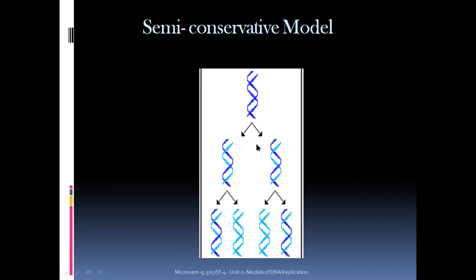Whenever replication takes place, from the one parental strand, two daughter strands will be formed, where one will have a completely new strand and another will be the old strand. But when further replication is done, one will be completely new and one will have some portion reserved or conserved. So this is the semi-conservative model of DNA replication.